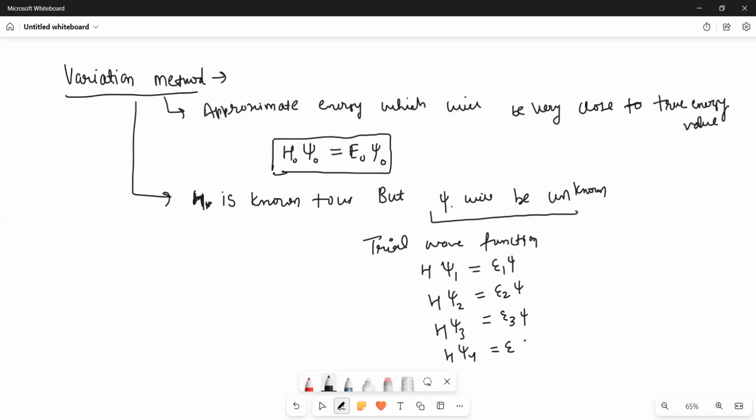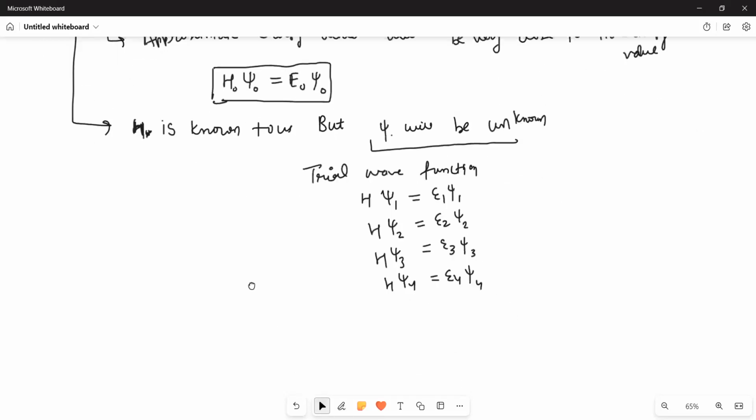Now, which wave function will be the best approximation? Because we have selected 4 different wave functions that are giving different energies, E1, E2, E3, and E4. And E naught is the ground state energy or the true value of the system. So which wave function will be acceptable or the best approximation?